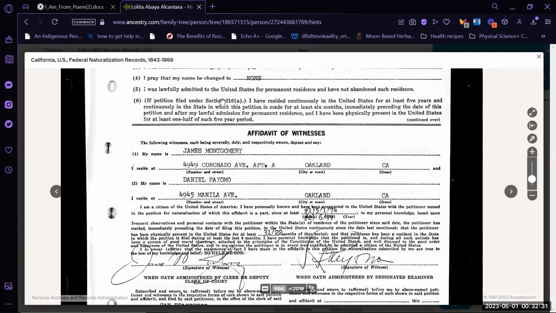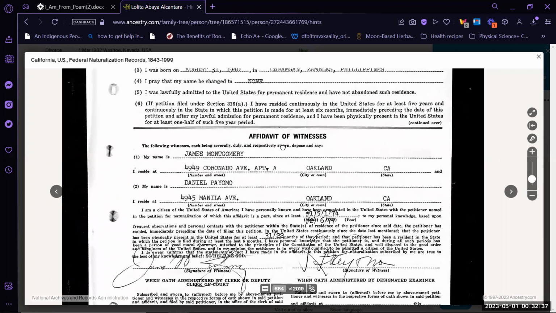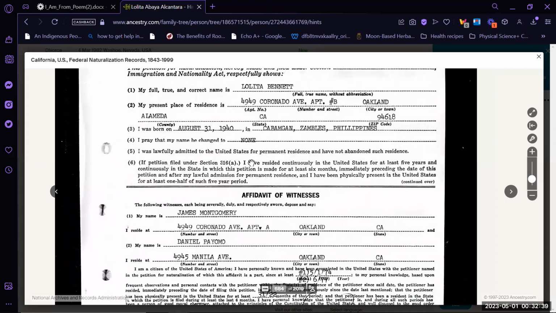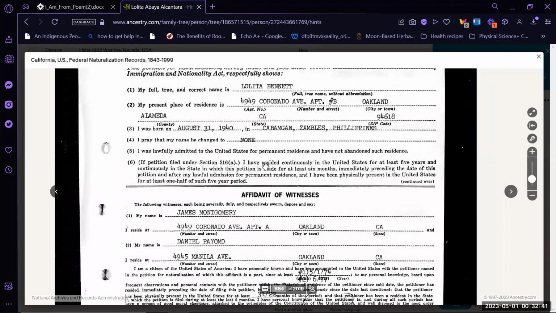You can see that the petition was filed under Section 316A, which we saw above. You can read it, and it says, "I have resided continuously in the United States for at least 5 years and continuously in the state in which this petition was made for at least 6 months immediately preceding the date of this petition.